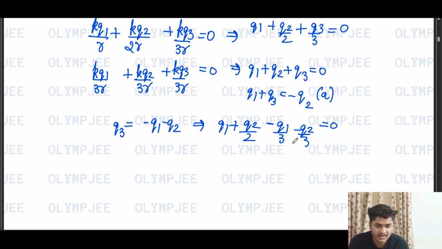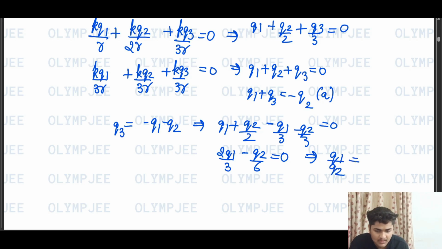From here I will get 2 q1 by 3 minus q2 by 6 is 0, which will give us q1 by q2 is equal to 1 by 4.